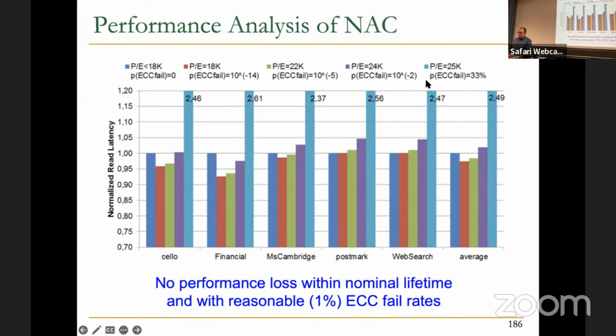Of course, at some point when your PE cycle is quite high and the probability of ECC fail is high, like 33%, then yes, you're going to have a lot of performance overhead. But probably your system is already done, and you shouldn't really use that system with that 33% ECC fail. This is really high.